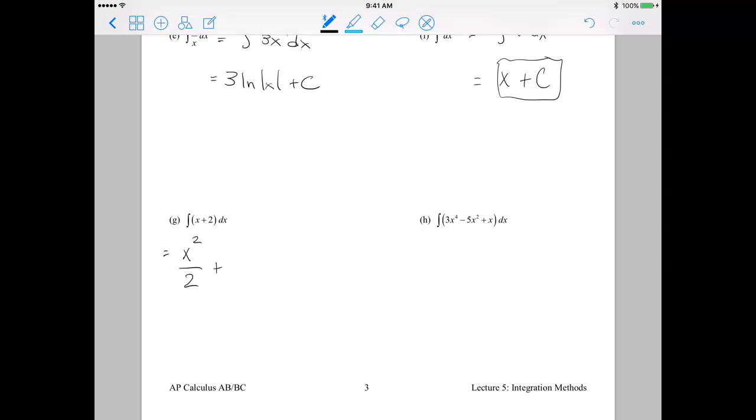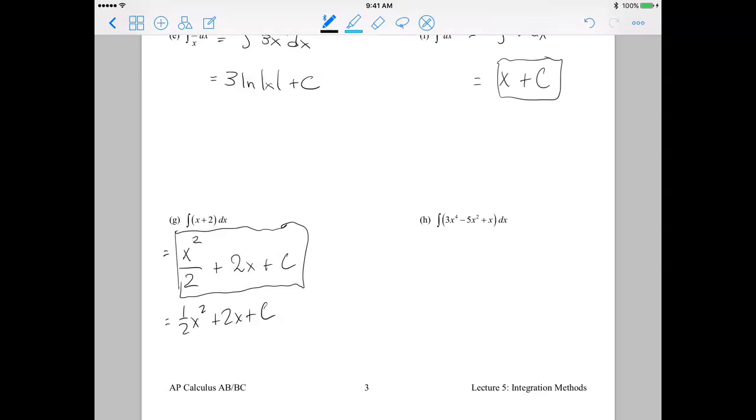And then the antiderivative of 2 is just 2x plus c. Now if you wanted to rewrite that as 1/2 x squared plus 2x plus c, certainly that would be perfectly fine. If you wanted to leave it like this, that would also be perfectly fine. It's really just about what does the answer choice look like that you're trying to find.